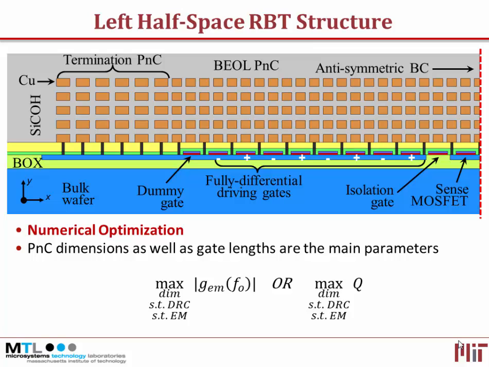And of course, we can formulate this optimization problem as maximizing the resonator response, the transconductance, or maximizing the quality factor. And in this formulation, I don't need to state anything about matching waveguides. The optimizer itself will automatically take care of that, because this is the way to reach high quality factor.